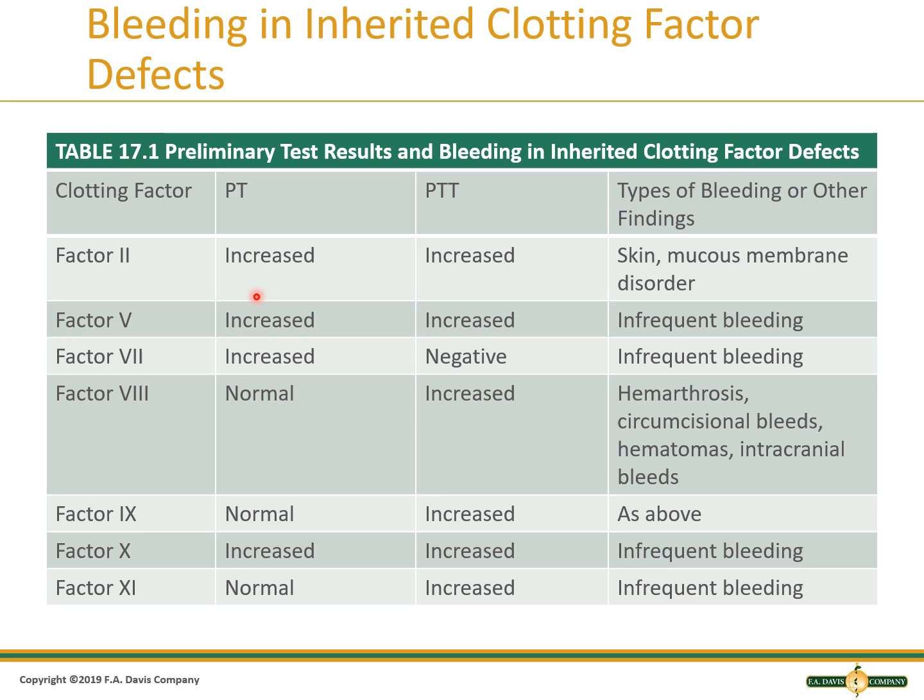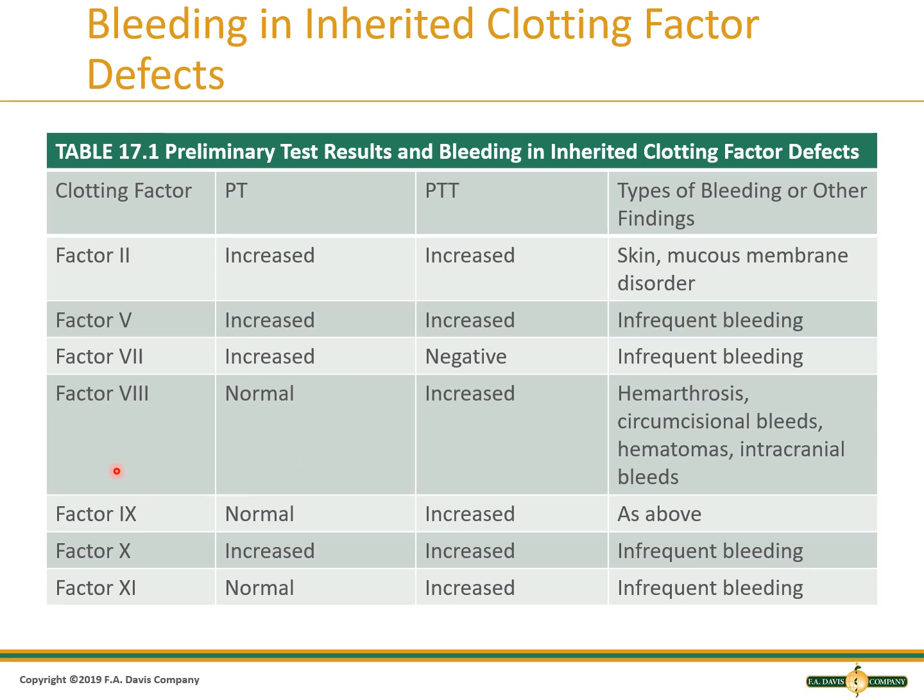Particular findings in factor 2 deficiency would be skin or mucous membrane bleeding. Factor 5, increased PT and PTT with infrequent bleeding. Factor 7, an increased PT, a normal or not abnormal PTT, that also occurs with infrequent bleeding.